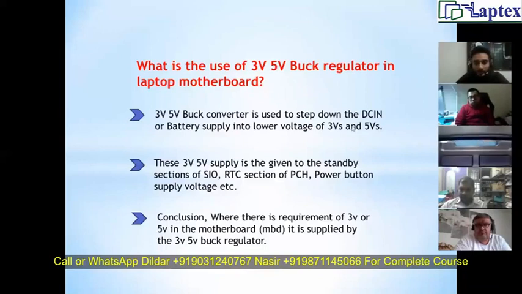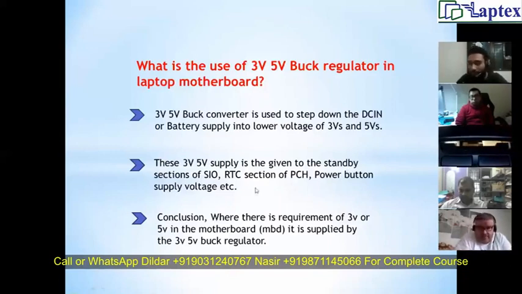After that, the 3 volt 5 volt supply is given to the standby section of SIO, the RTC section of PCH, the power button, and power supply. These are the common points where you will see this 3 volt 5 volt LDO supply going. So where there is a 3 volt 5 volt requirement in the motherboard, you will see a 3 volt 5 volt buck regulator related to that.